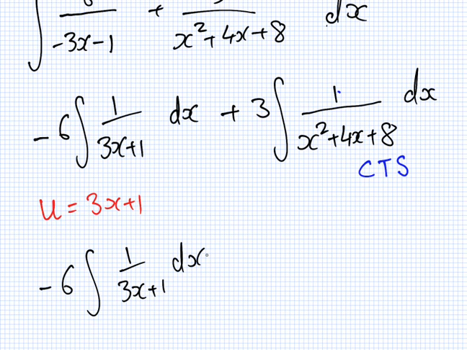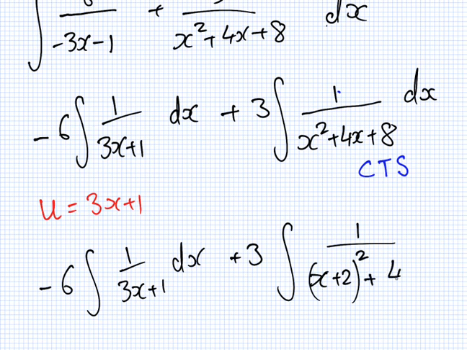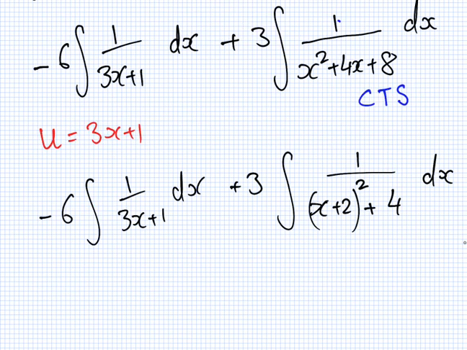So the technique here is to complete the square. So we have plus 3, 1 over x plus 2 squared plus 4 dx. Okay, so what's next now? Not quite x plus 2.